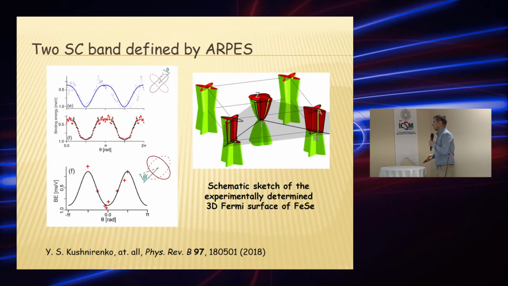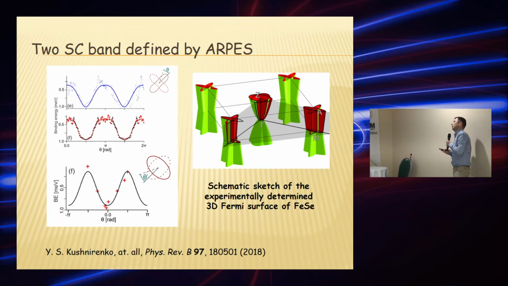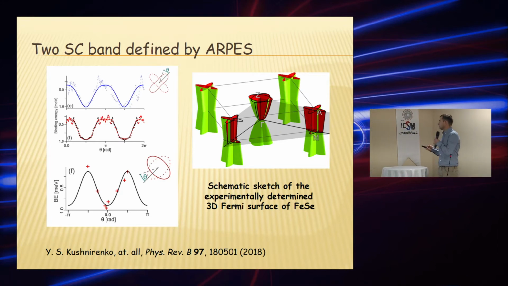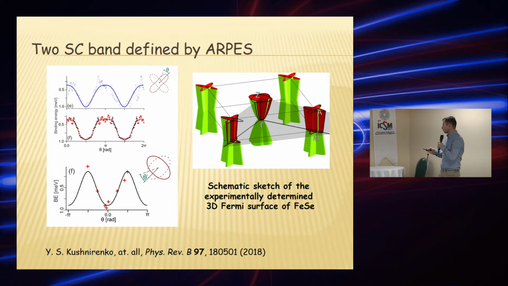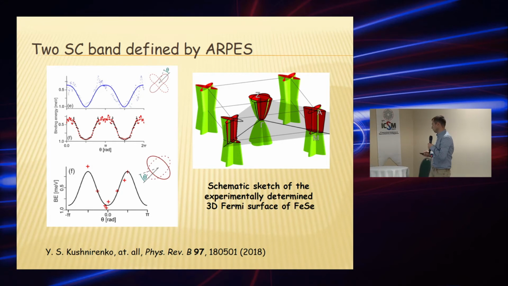The next year another article appeared with angle-resolved photoelectron spectroscopy, which also showed the same results: a highly anisotropic gap present on the electron pockets, and also a highly anisotropic gap on the hole part of the Fermi surface.